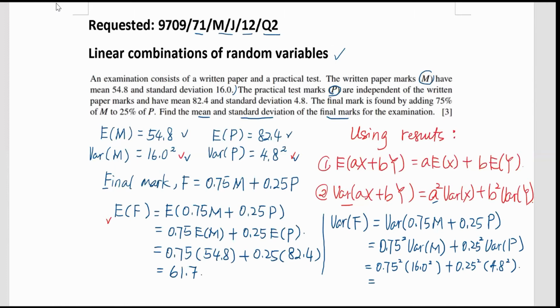Now we should be able to find the variance of the final mark, which is 145.44.